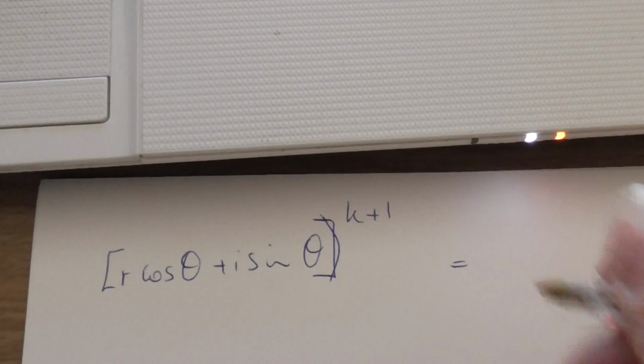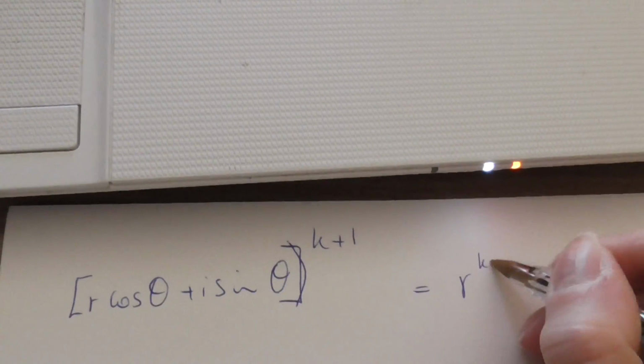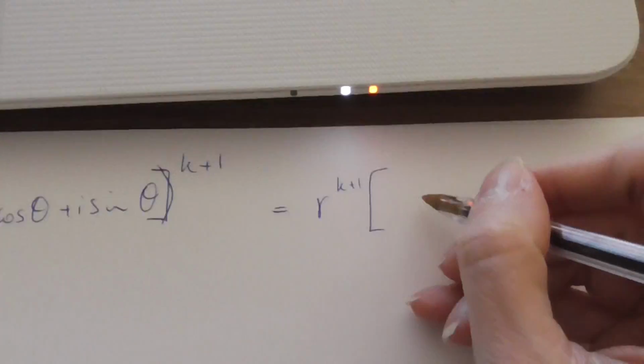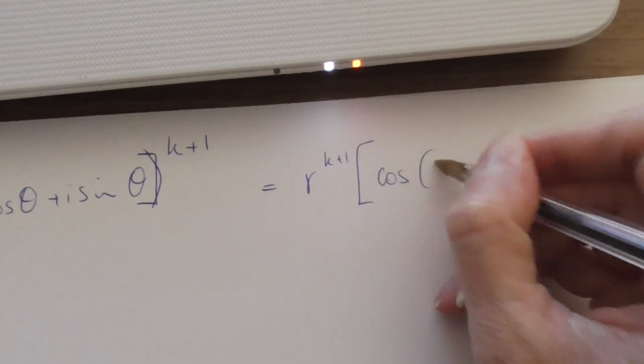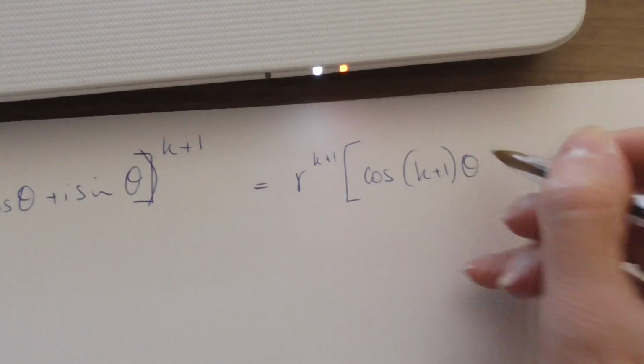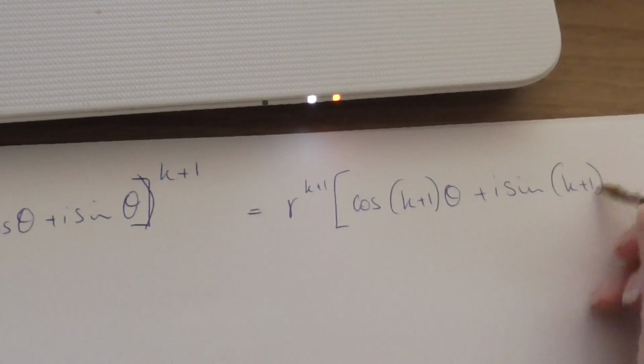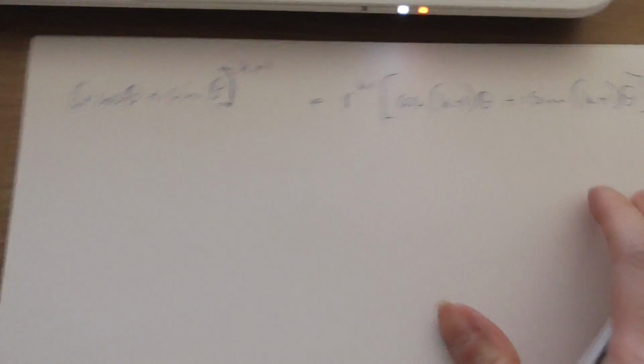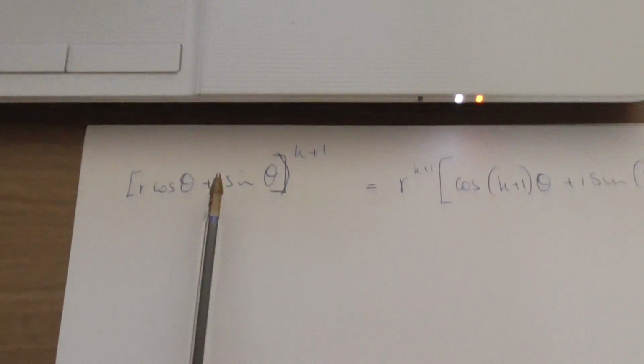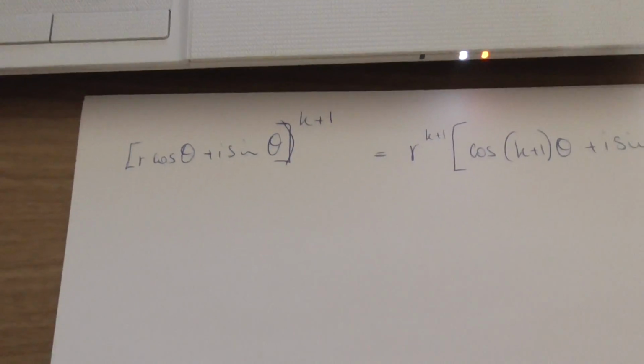That is equal to my right-hand side, which is r to the power of k plus 1 times cos k plus 1 times theta plus i sin k plus 1 times theta. So I basically want to show that that will end up looking like that.